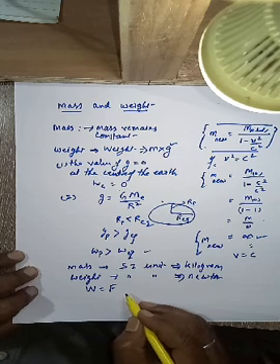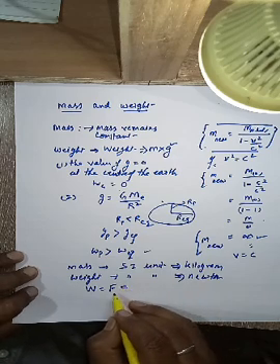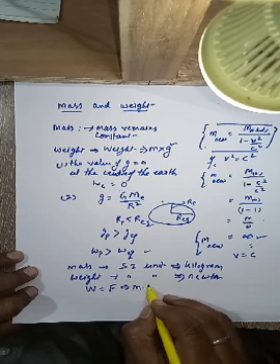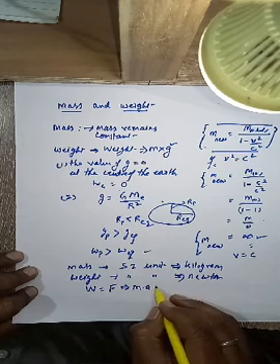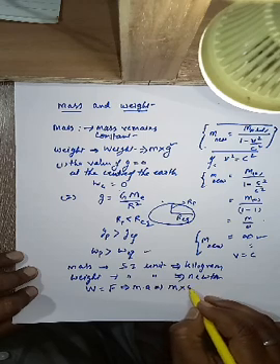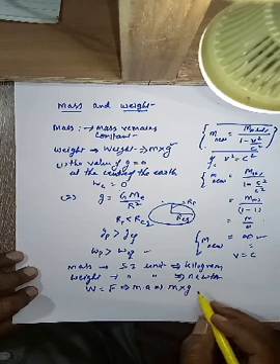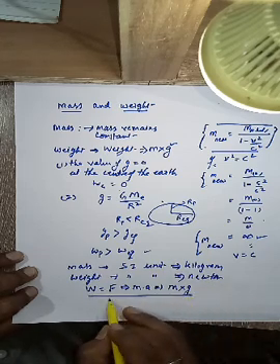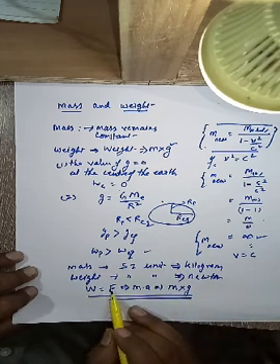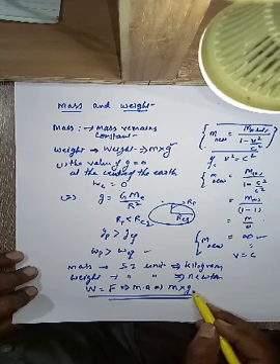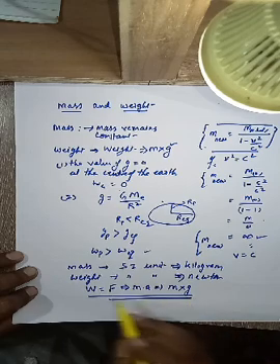Yes, weight is a force, and force has a formula, mass into acceleration. In the case of weight, it is gravity. Gravity is nothing but the acceleration of earth. So do remember this: weight equals force equals mass into acceleration equals mass into gravitational acceleration, right?